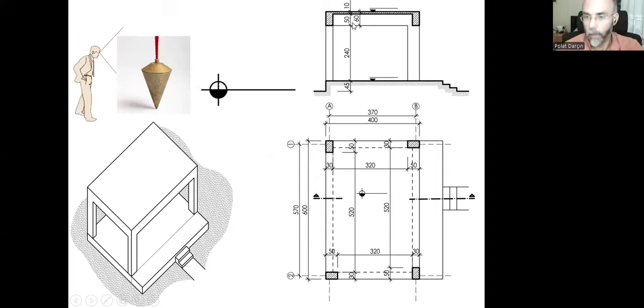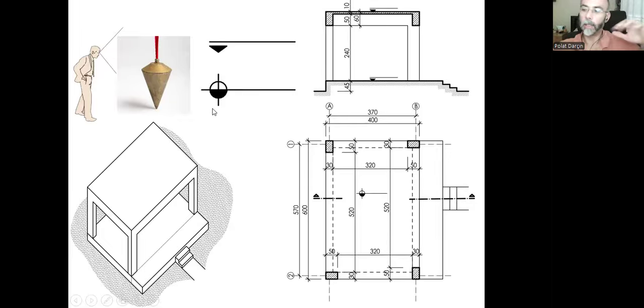And for the section or the elevation, you are on the side of this object and looking sideways. It's the elevation of this thing. So we have a triangle and a straight line so that we can put the numbers on it. And again, it needs to be in black shape.